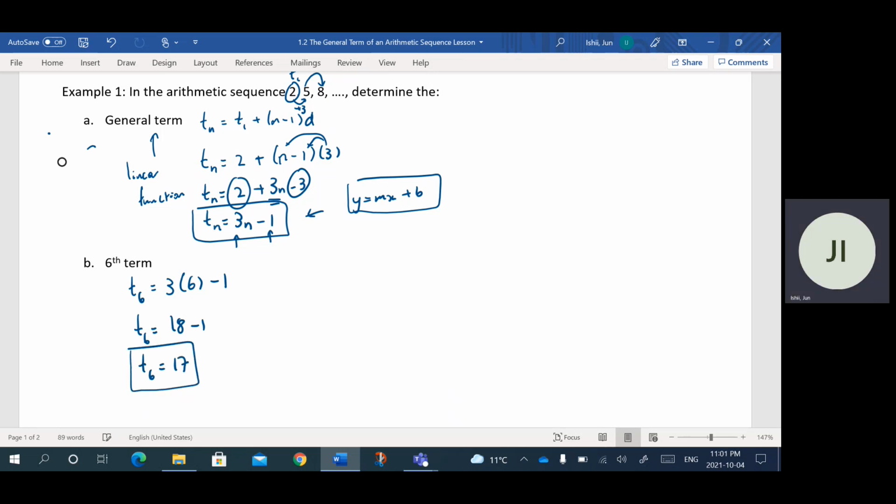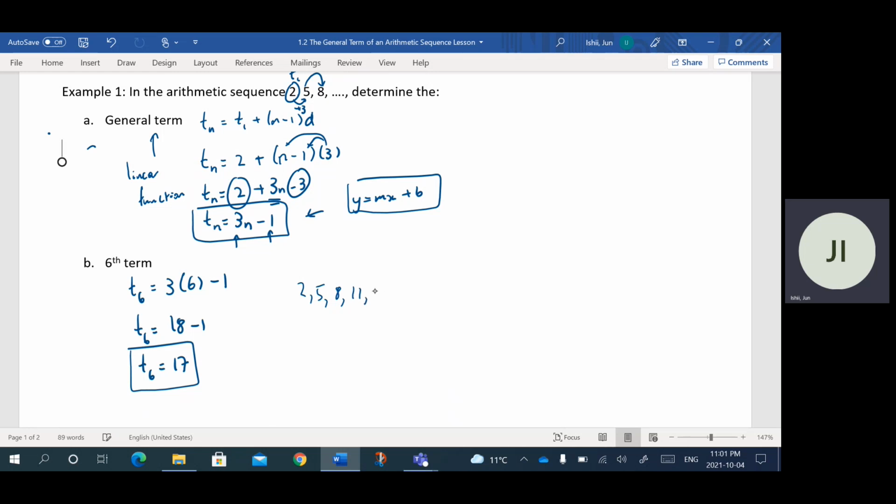Now I can actually confirm this. Just to confirm it, I'm going to use what they call the Caveman Method, I guess. It's very straightforward and simple. Basically, I'm just going to go 2, 5, 8. I know my common difference is 3, so I add 3.